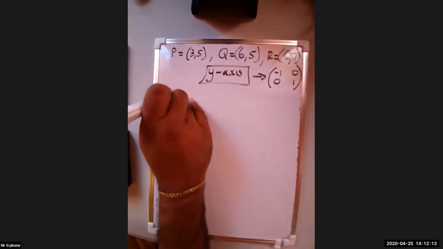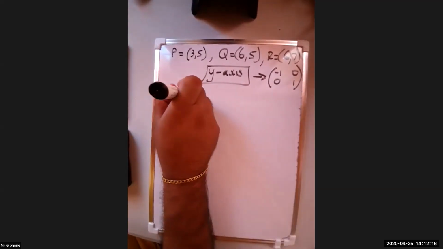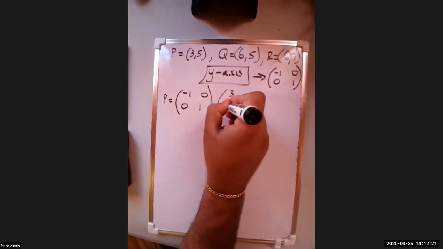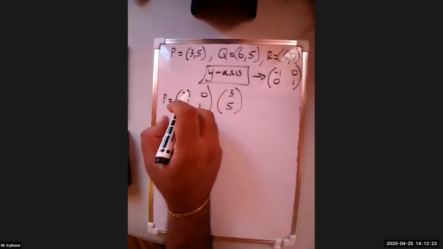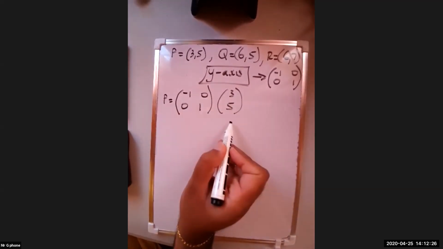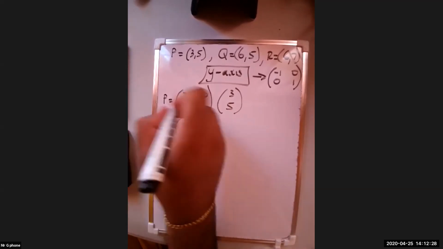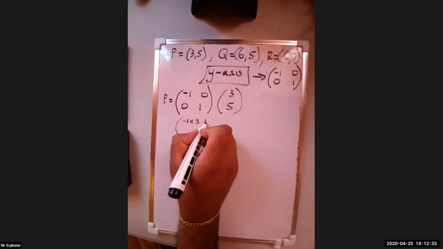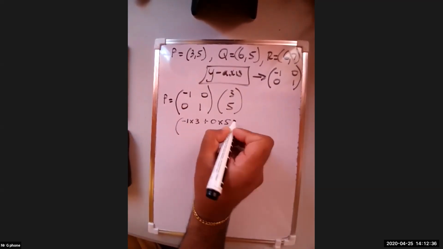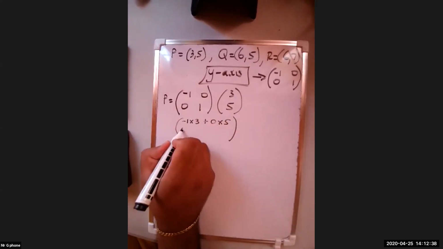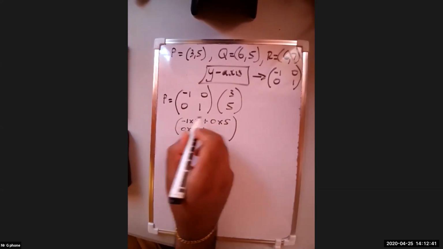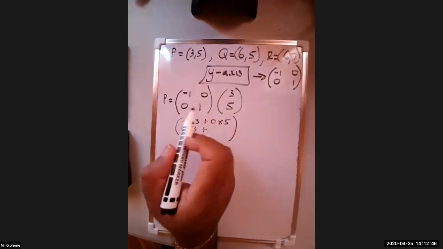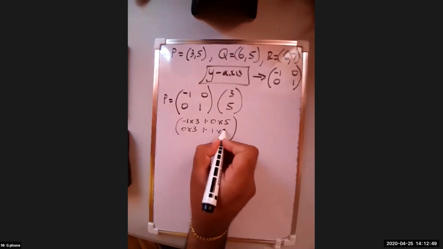Sorry, it's the matrix here. Negative 1, 0, 0, 1 by 3, 5. Right? So first row by column. So negative 1 by 3 plus 0 by 5. Then 0 by 3 plus 1, well, 0 by 3 plus 1 by 5.